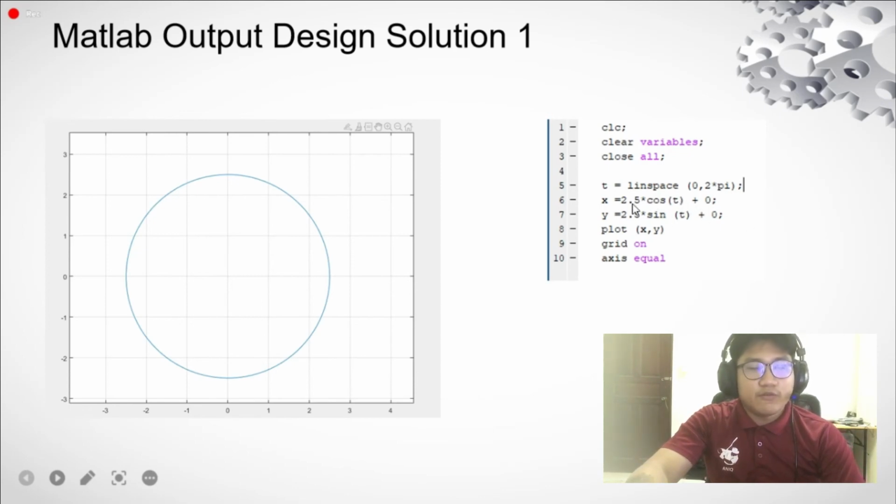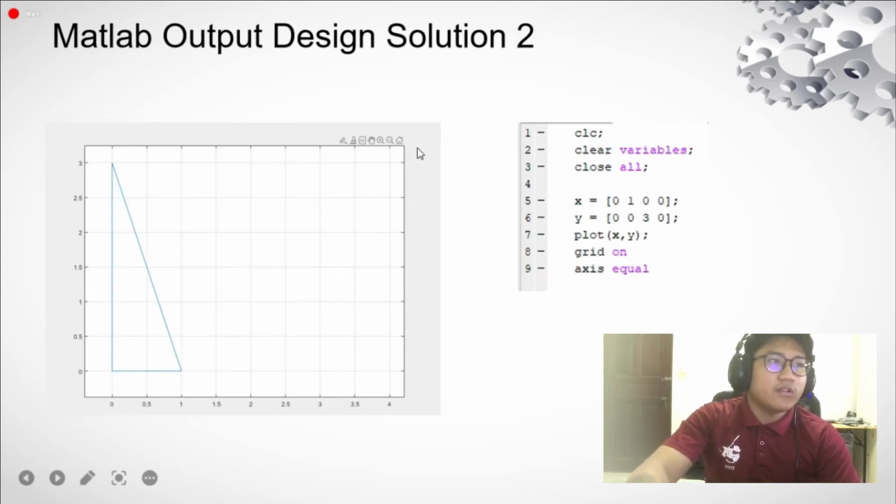Here 2.5 is the value of r, which is the radius of the circle, and 0 is the value of the origin coordinate for x. Same goes for y, equals 2.5 sin t plus 0. Same thing, 2.5 as the radius and 0 as the origin. So here you can see the full circle, same as the solution for number 1.